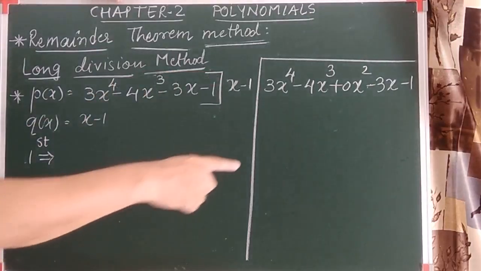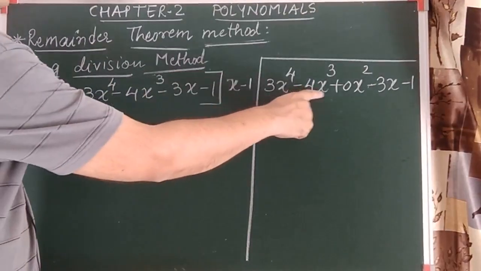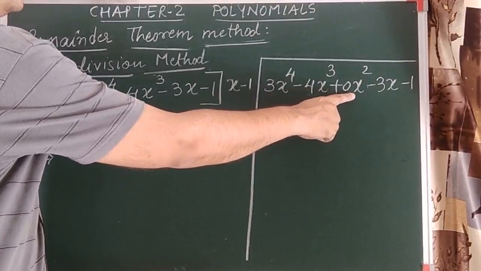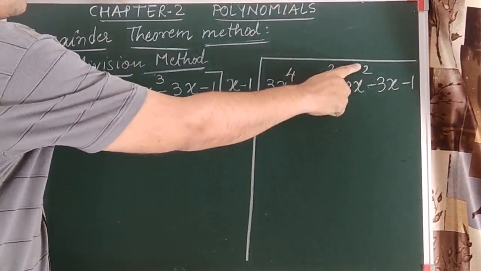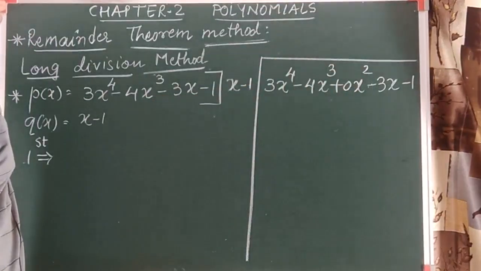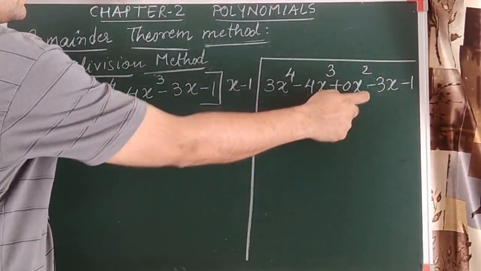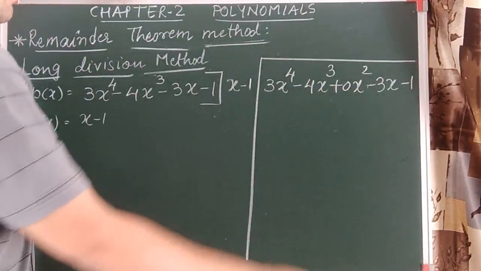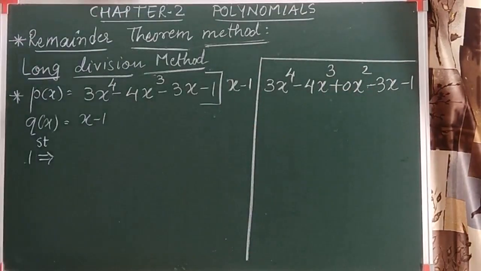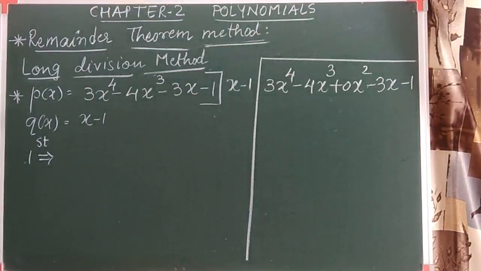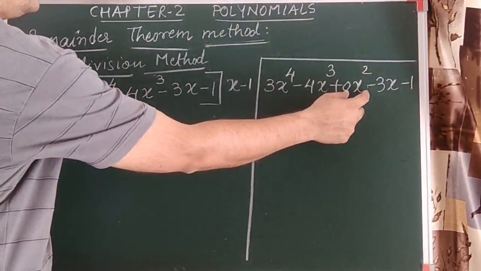So I have written all the terms, but one term I have added, which is 0x square. The term with power 2 is not required. If you don't add this, it will be fine. When I add 0x square, that means I am adding 0. When you add 0 to a certain value, that value does not change. That is why I added 0x square.